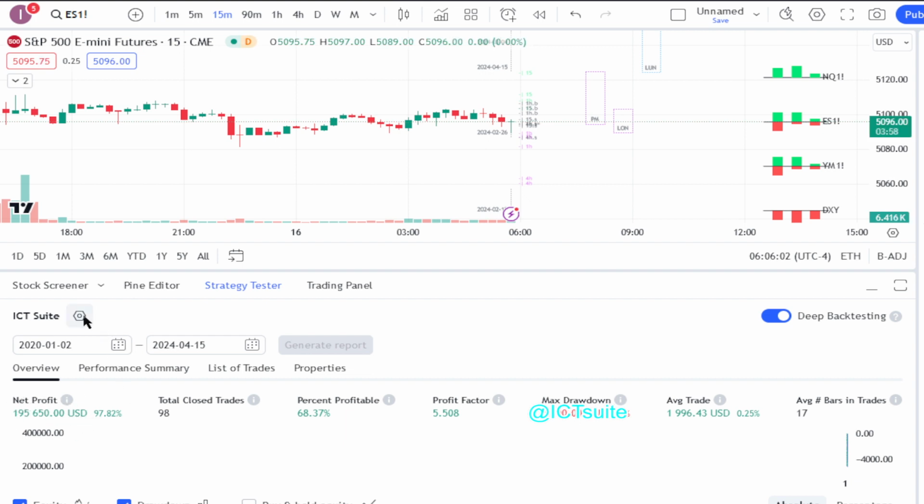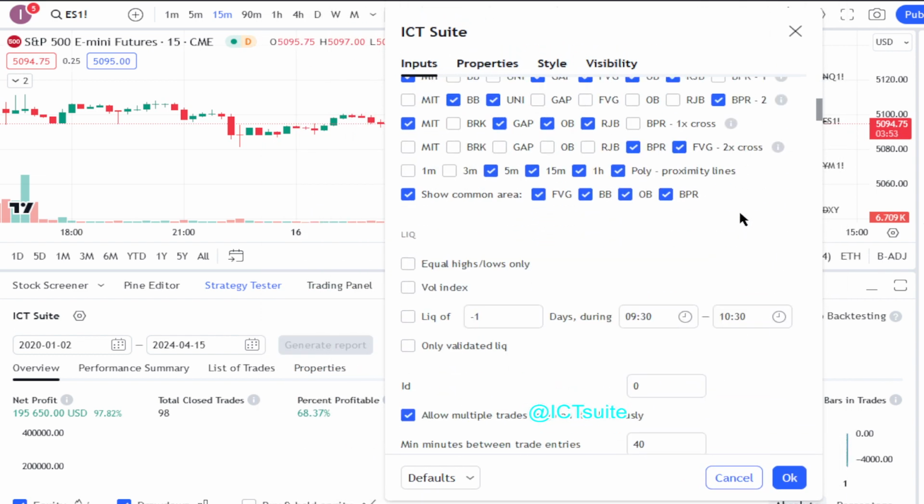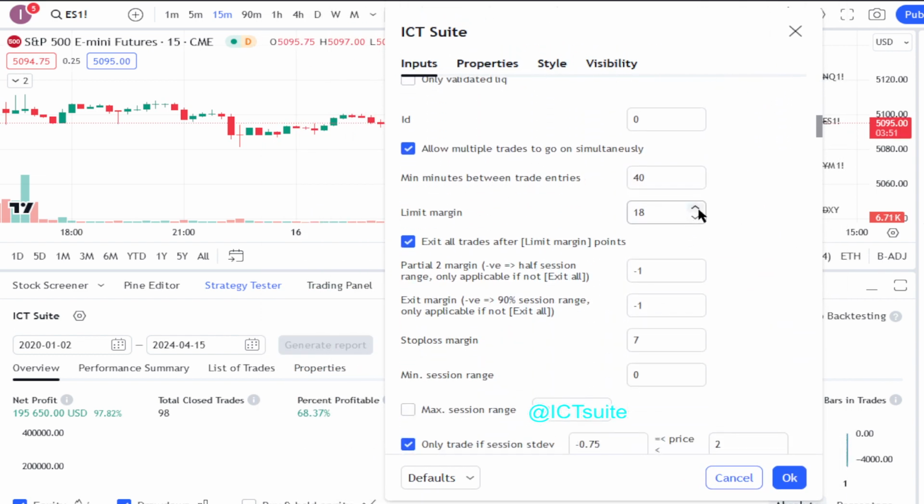So it looks like 20 is the optimal profit target.